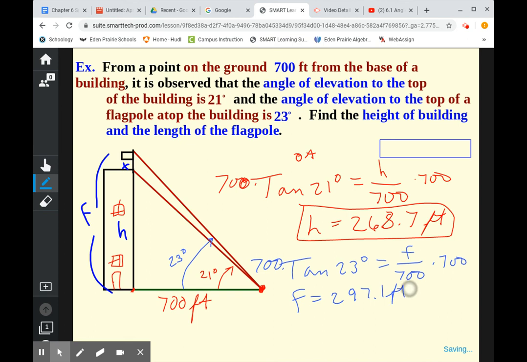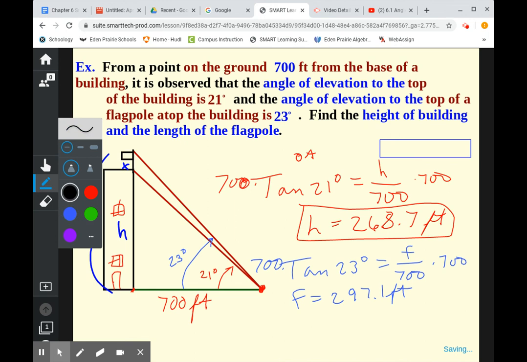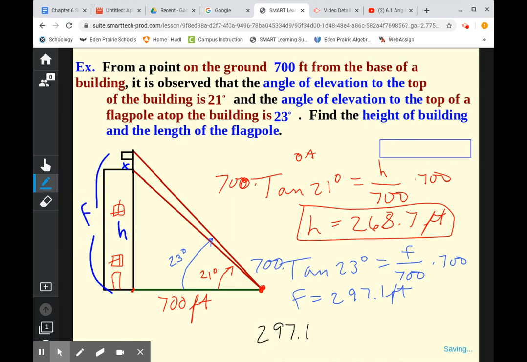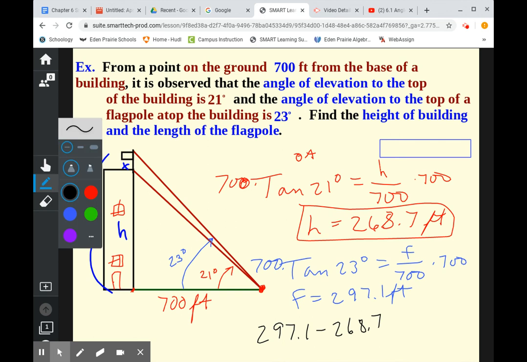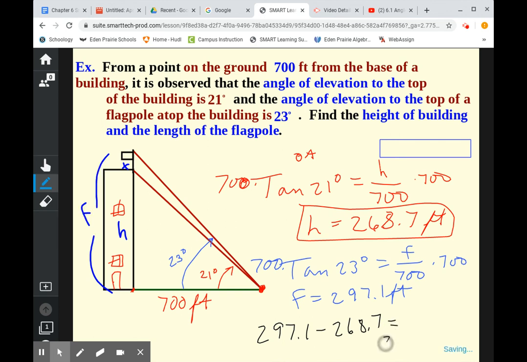297.1 feet. Now, although we did not want F, we needed F to be able to find the height of the flagpole by subtracting F and H. So 297.1 minus 268.7 equals 28.4 feet.